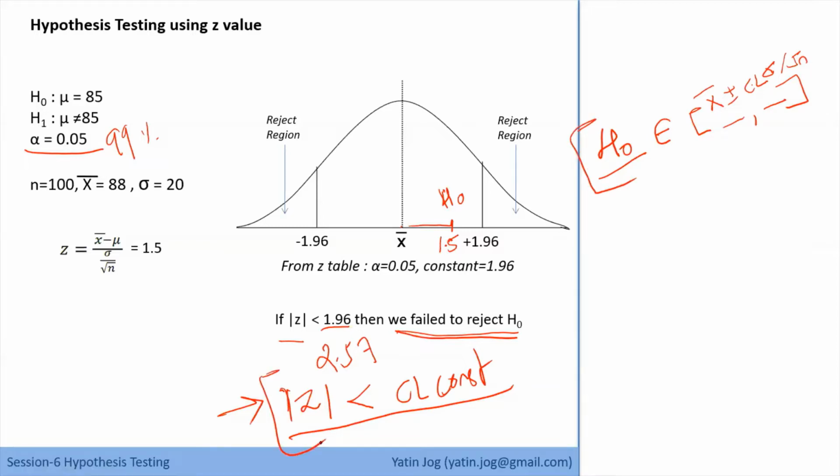In both the rules, what do we have on the left hand side? In this rule, this Z is the distance for H0. So the left hand side is always from the problem, or we can say a calculated value, and we compare it with the right hand side, which is a constant.